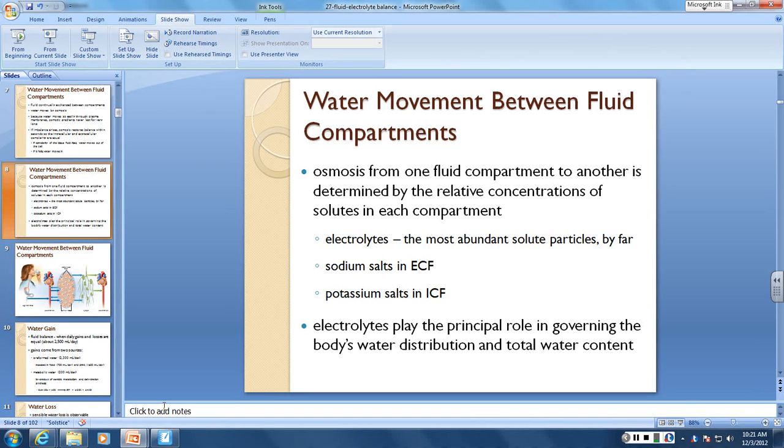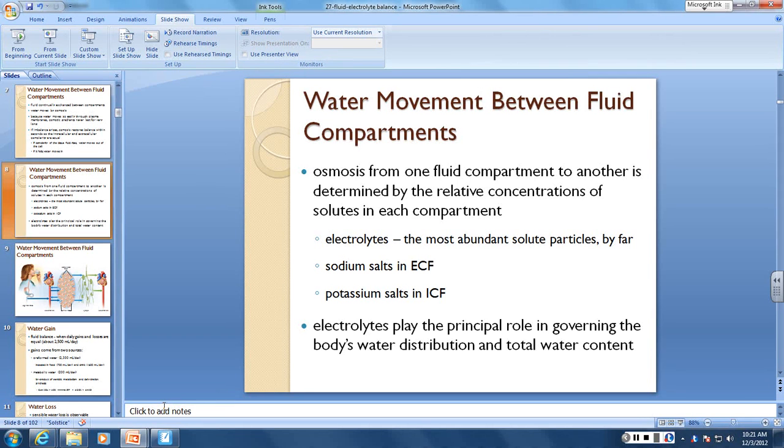So which electrolyte, I may ask on the test, is more predominant extracellularly and which is more predominant intracellularly. So sodium is more predominant in the extracellular fluid. Potassium has a higher concentration inside the cell.